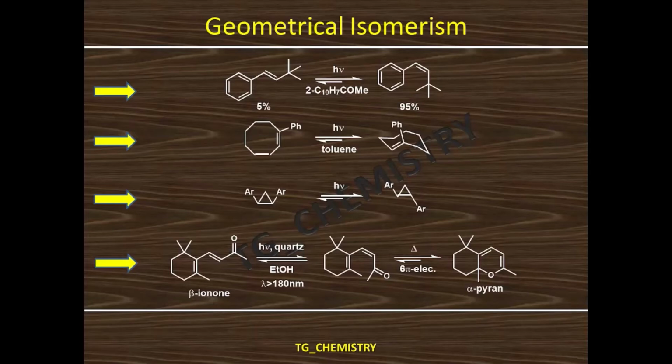And this beta ionone on photochemical irradiation will again isomerize to the cis one, and the cis isomer eventually upon 6-pi electrocyclic ring closure will lead to an alpha pyran derivative. So this is geometrical isomerism leading to another ring cyclized product by means of photochemical irradiation.